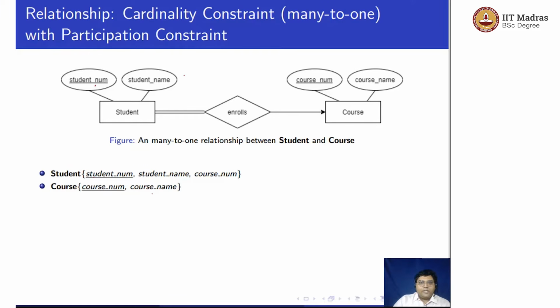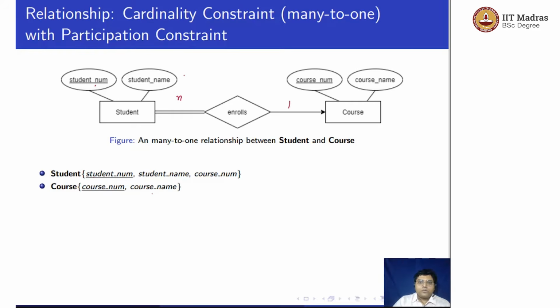Whereas this cardinality is saying a student can enroll for at most one course. If I combine the cardinality as well as the participation constraint, that means a student must enroll for exactly one course. Minimum is 1, maximum is 1. Minimum is 1 for full participation and maximum 1 as it is a many-to-one cardinality, right?